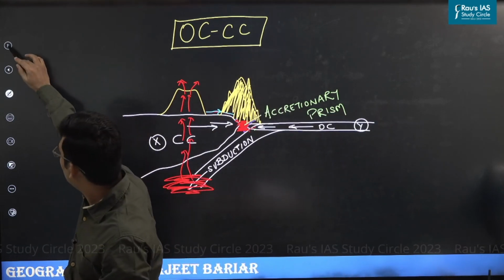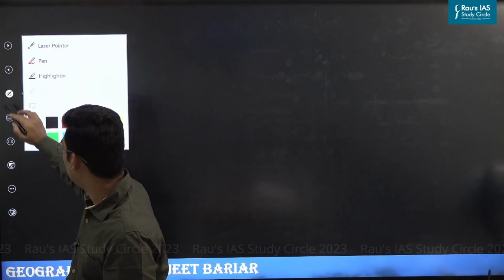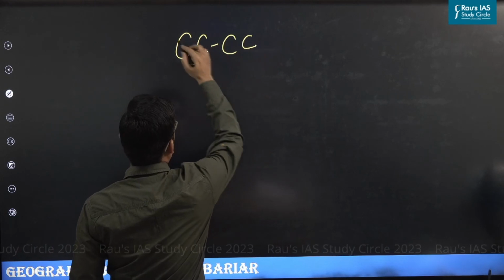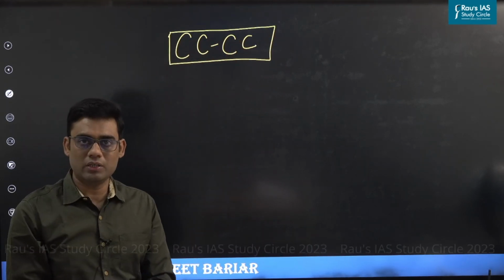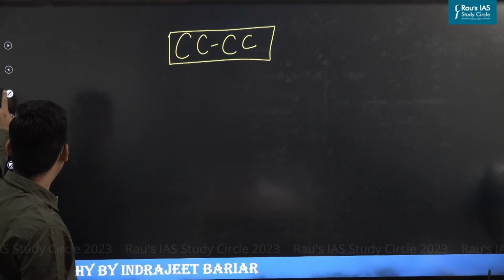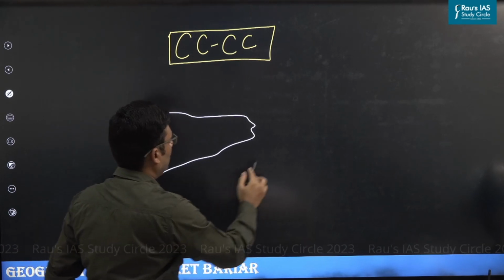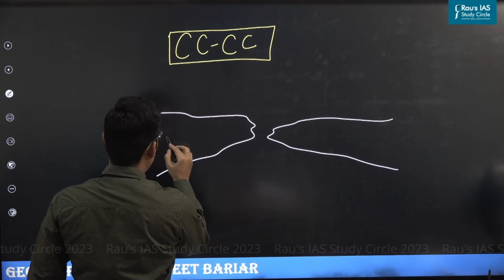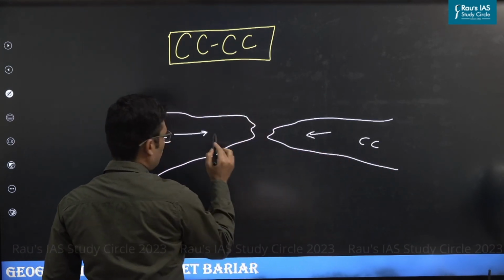And then the next one that I have is the CCCC convergence. In CCCC convergence, there would be two continental crusts, both continental crusts, and a convergence is happening.